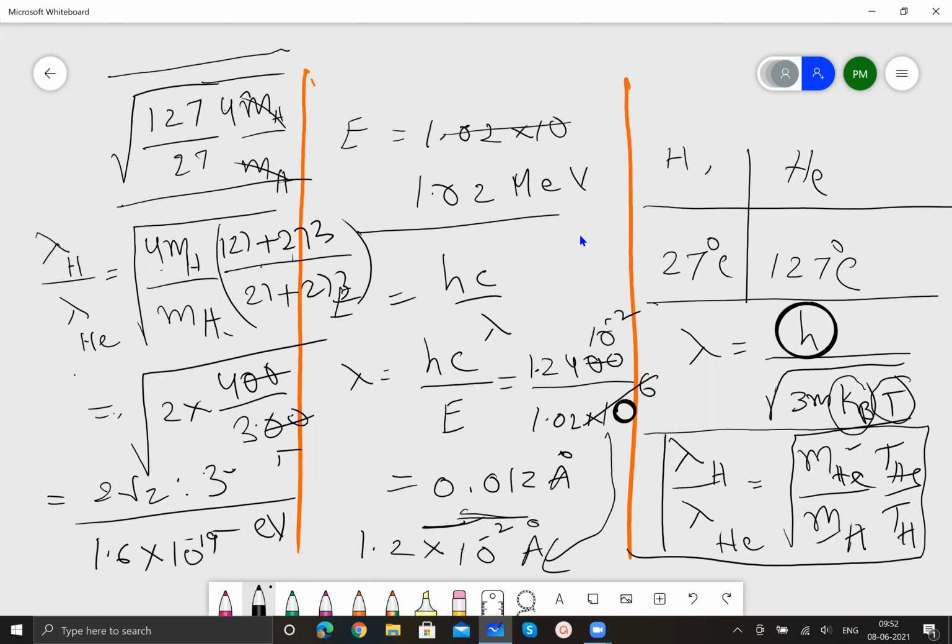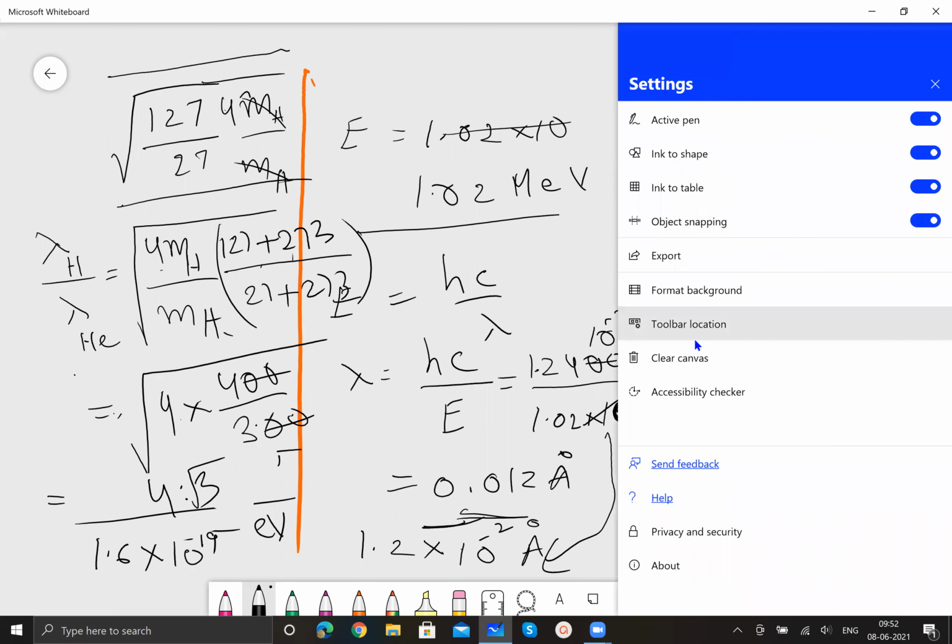No, sir, root of 400 by 300 is 2 by root 3, into 4 gives 4 root 3 over 3... Yes, you're right, the ratio is 2 is to 4 by root 3. Absolutely right.